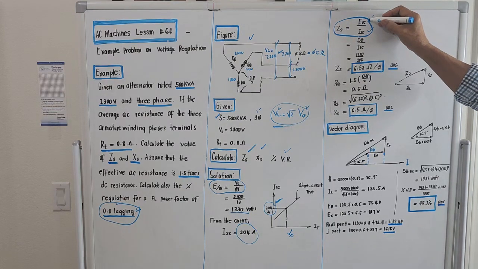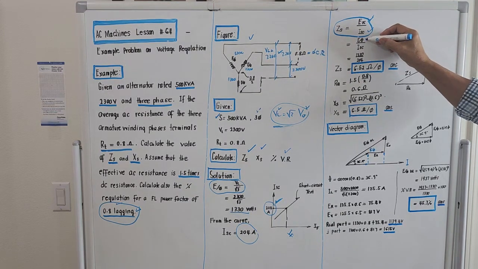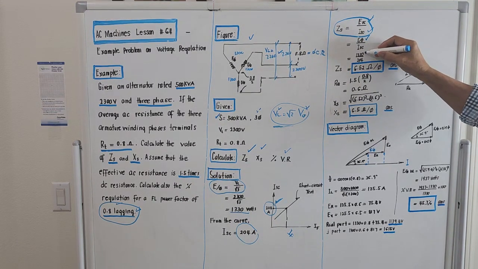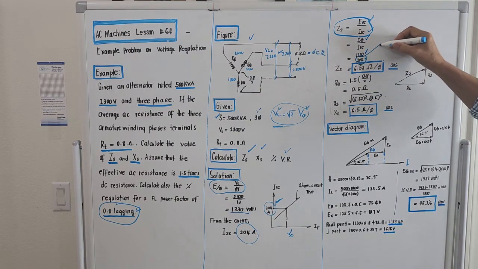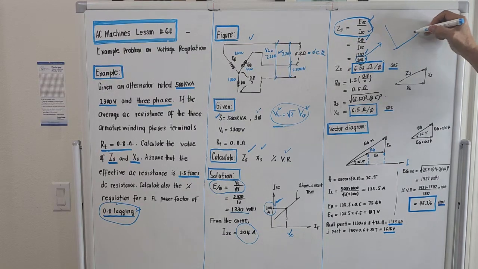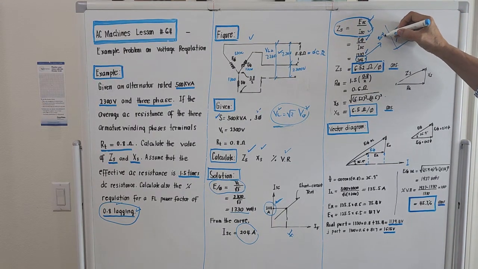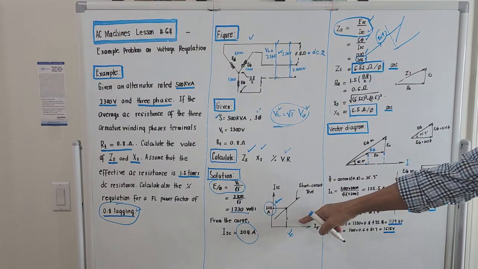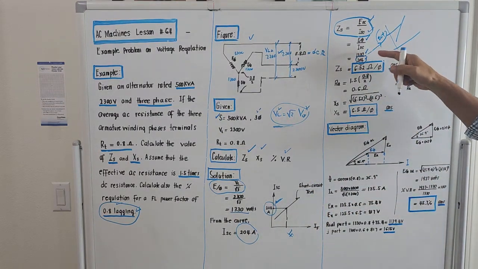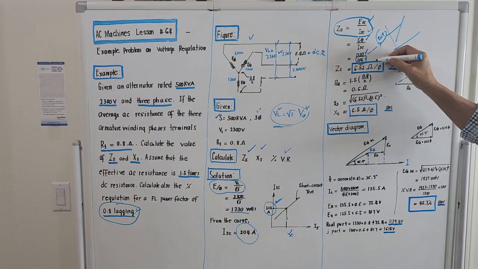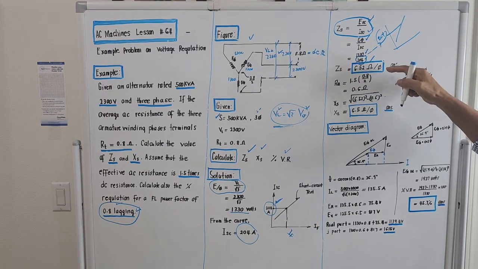So this open circuit voltage is actually the voltage per phase. So this should be 1,330 over 204. This 204 came from the curve, right? This is at 204 amperes. So 1,330 divided by 204 will be 6.52 ohms per phase.